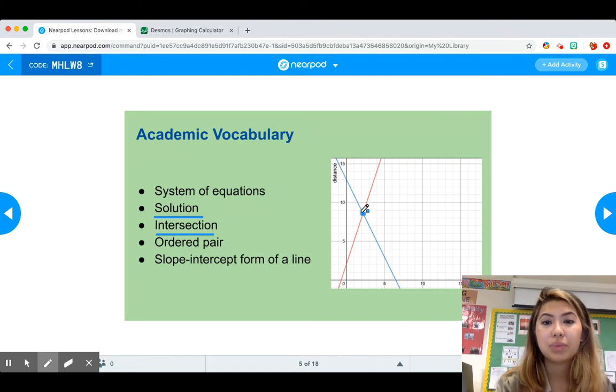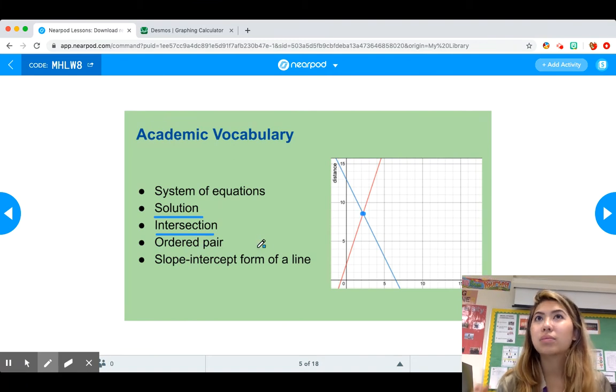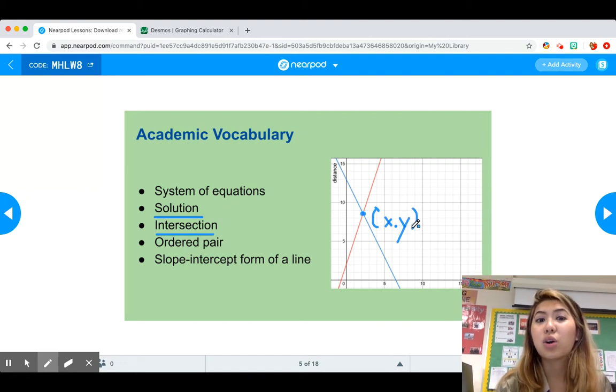And coordinates and ordered pair are interchangeable words, which means that you can use either one to describe the same thing. So when I'm talking about x comma y, that can either be called an ordered pair or a coordinate.